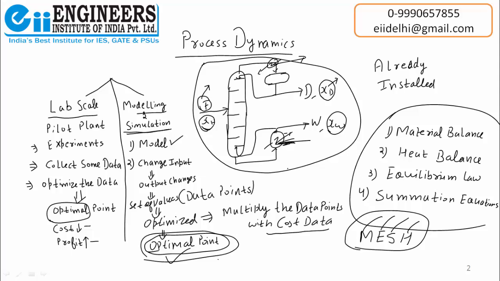So chemical engineering is not just the study of fluid mechanics, heat, mass, etc., but it also requires knowledge of modeling and simulation along with economics, so that we can convert the raw materials into finished products at minimal cost.